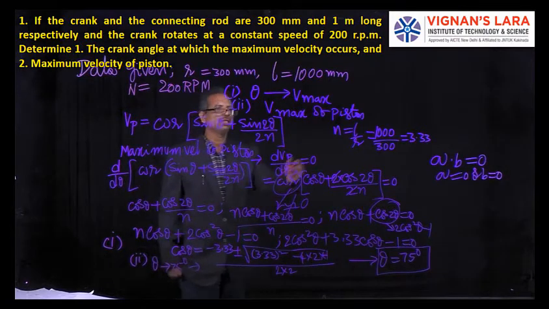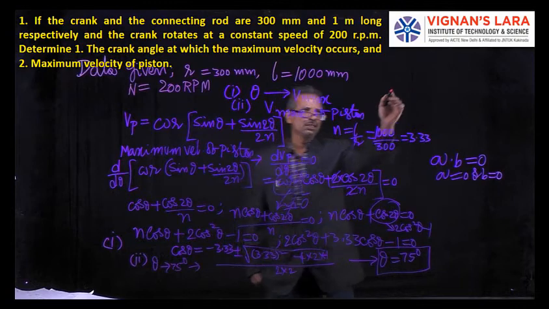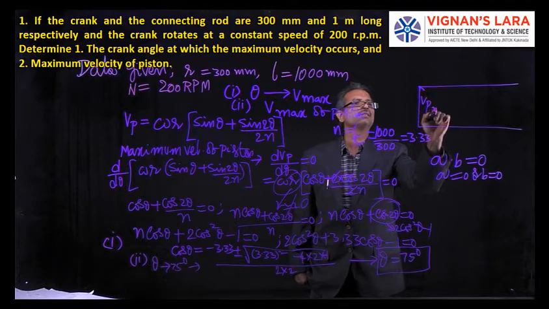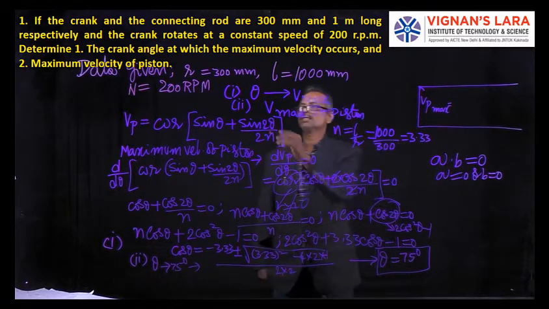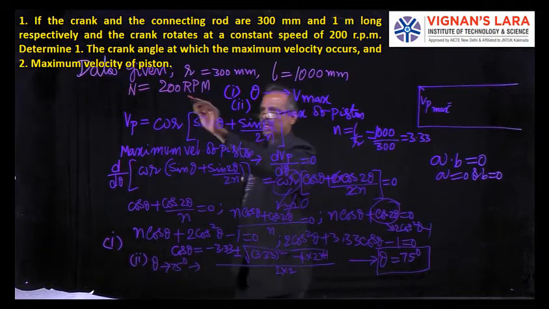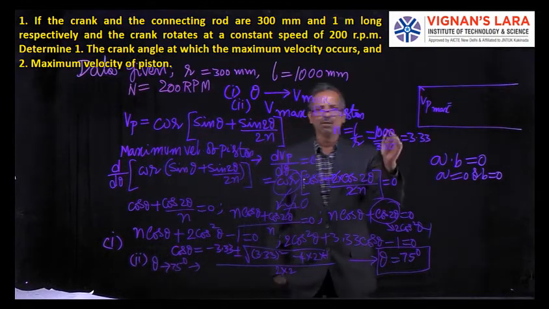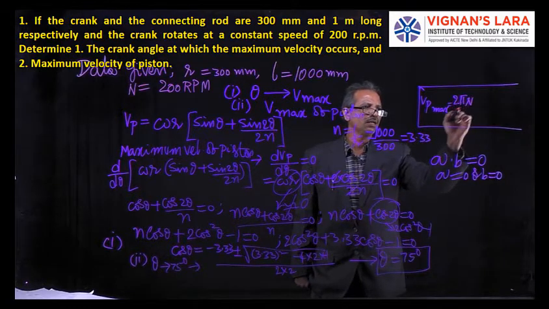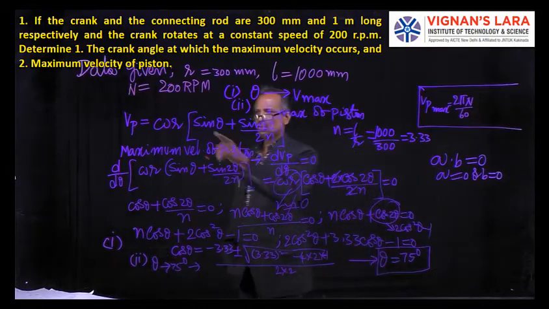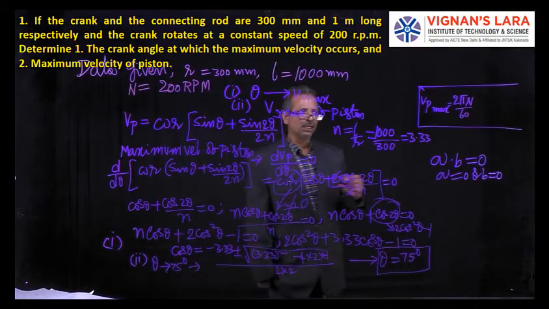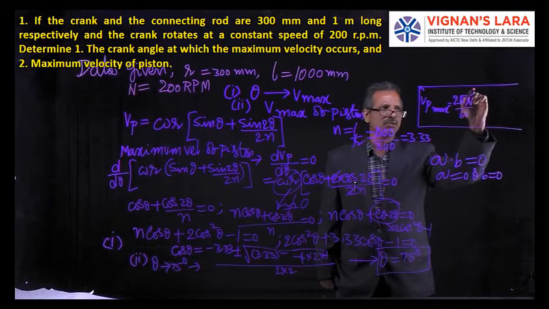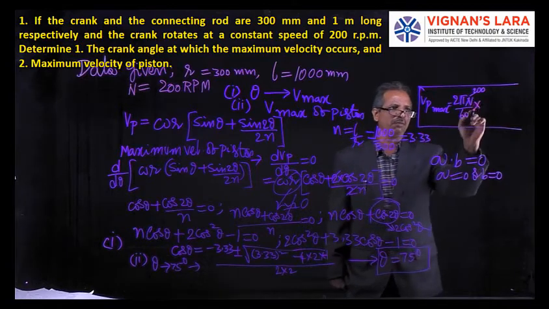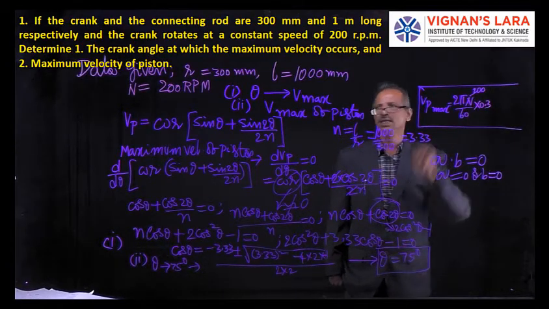If I substitute in this equation, I will write omega r max, that is omega r. What is omega? 2 pi n by 60. So omega r, where omega is 2 pi n by 60, into r, the radius of the crank. Of course, n is 200 and r, the radius of the crank in meters, is 0.3.